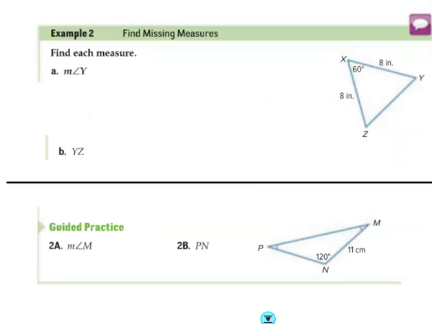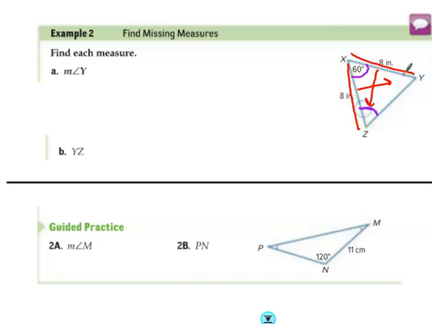So if angle X is 60 degrees, and then I have side 8 and side 8. Isosceles says you have to have at least 2 of something. But in this situation, let's think about this. Because of 8 and 8, that means the opposite angles are congruent.